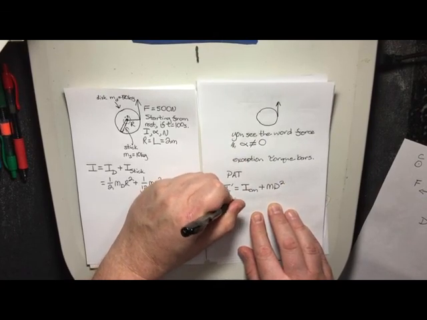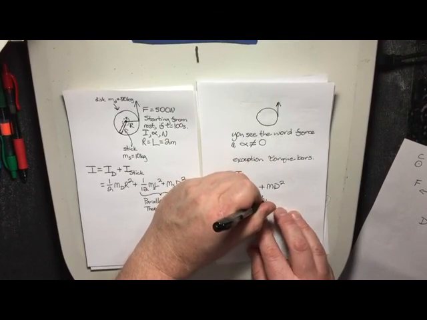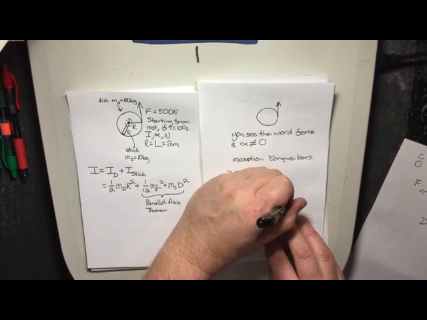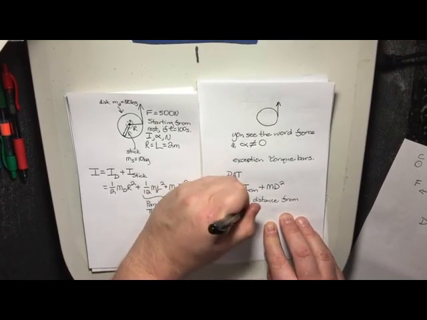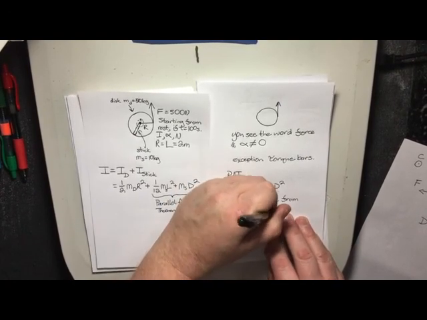And d is the distance from center of mass to rotation point.